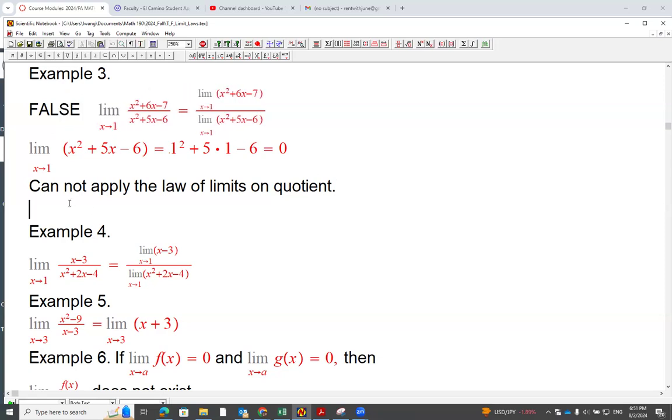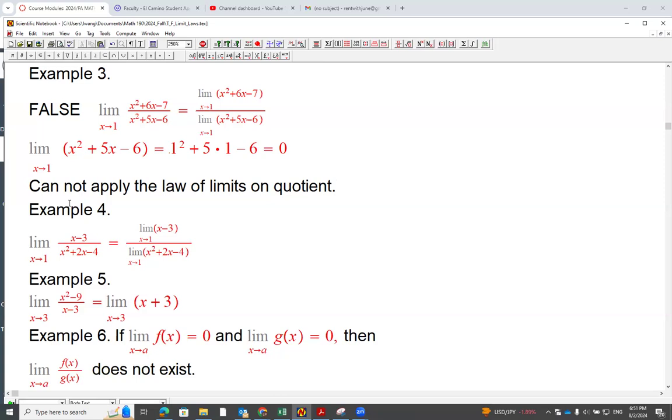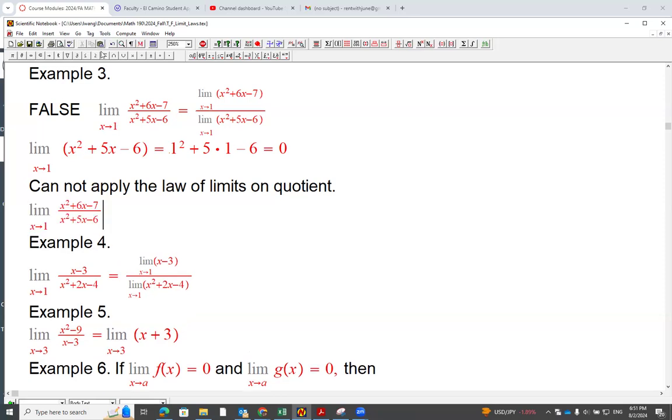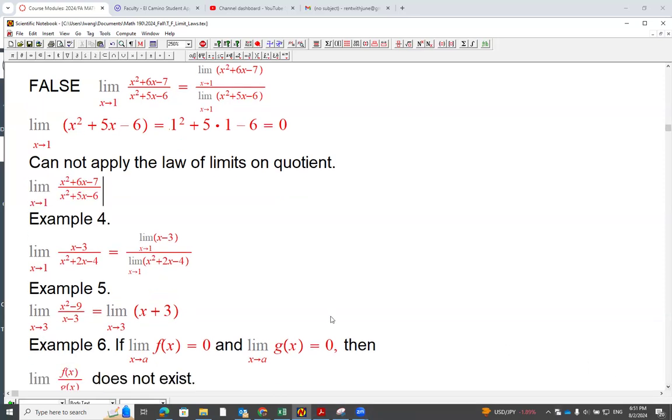All right. Now, what can we do? This question is already answered. So when we encounter something like this, what can be done? Well, we know what cannot be done.